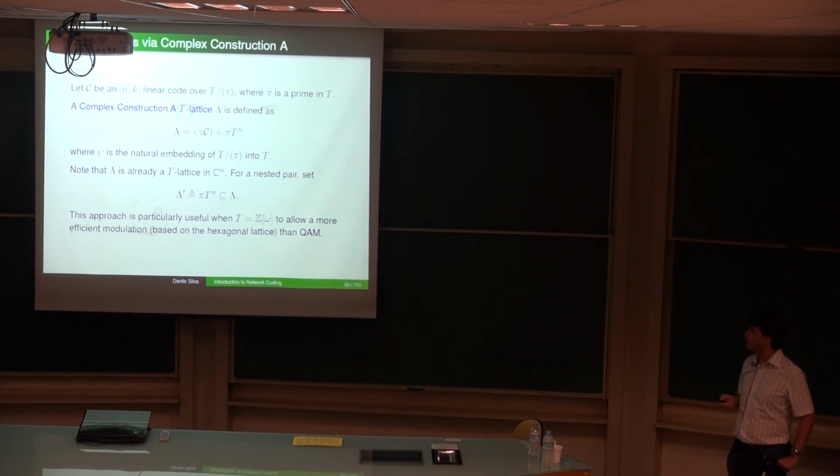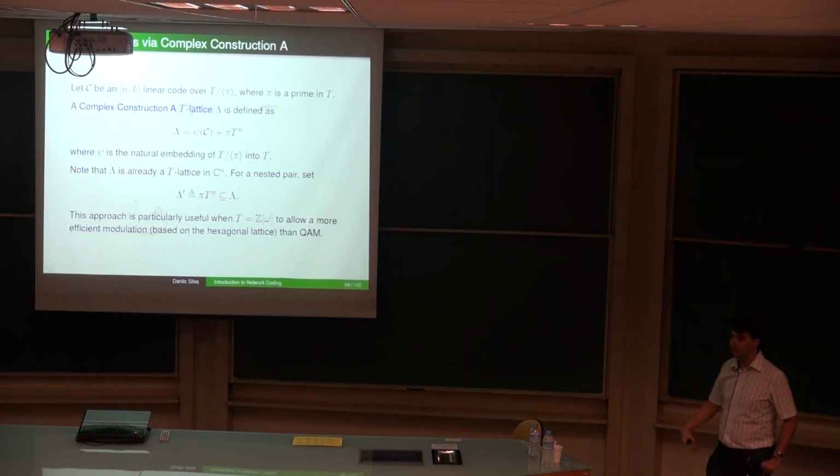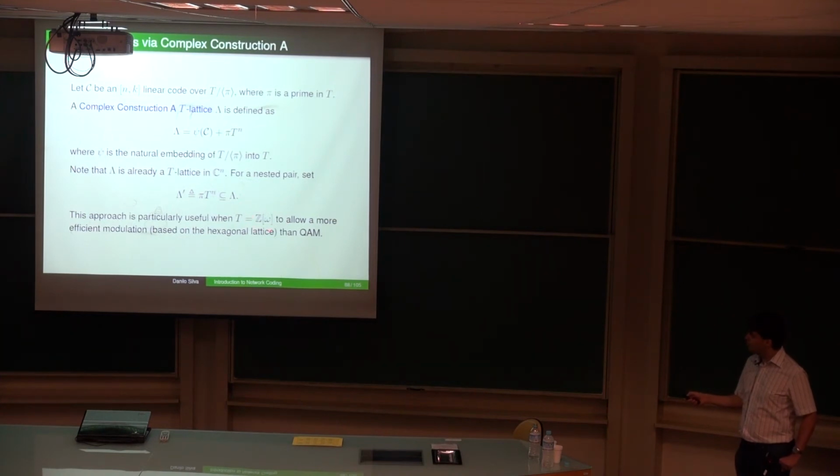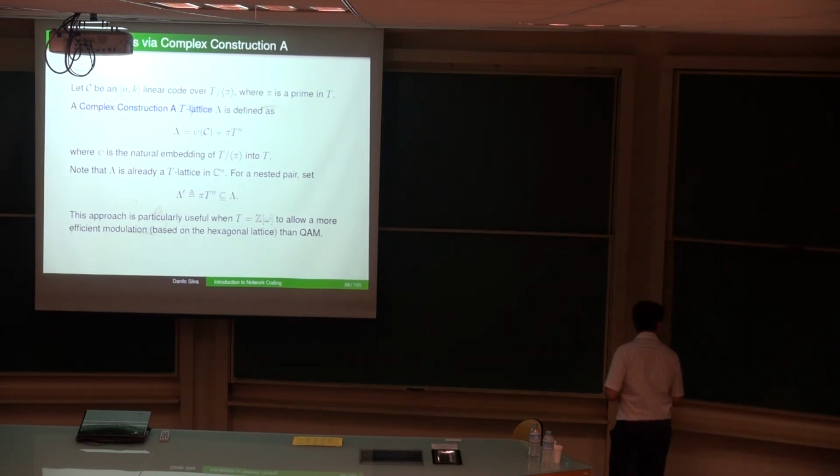So in that case, if you have a linear code over this, actually this will be a field, and then you can again define, using the same expression, complex construction A. Now the lattice is already a T-lattice, so it's already closed under multiplication by elements of T. And this is quite interesting when you take T to be the set of Eisenstein integers, because then you can get other modulation schemes based on the Eisenstein integers.